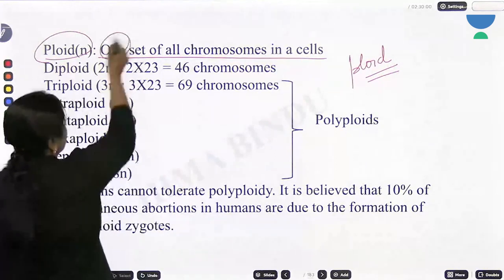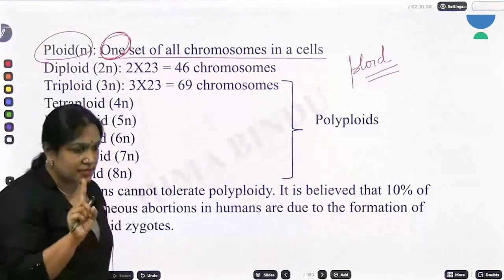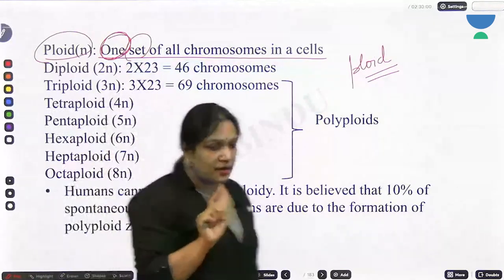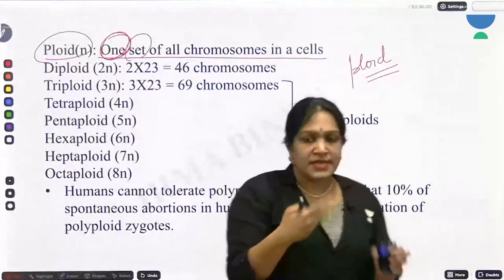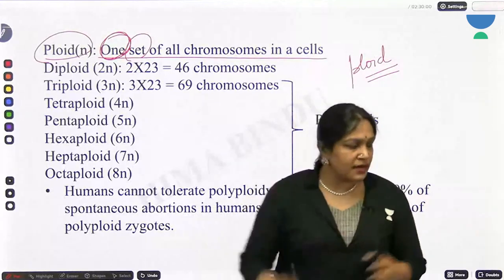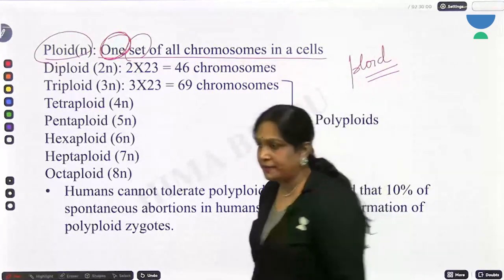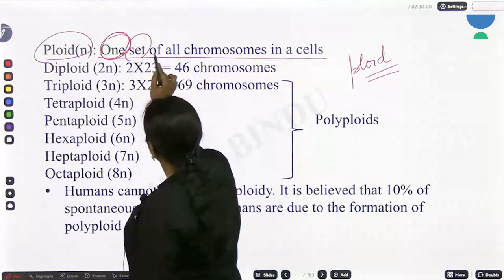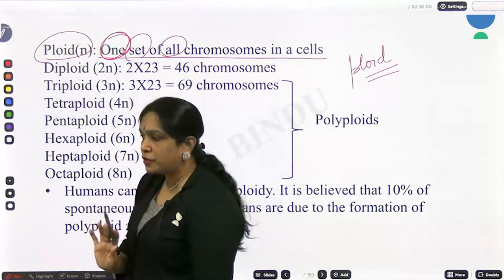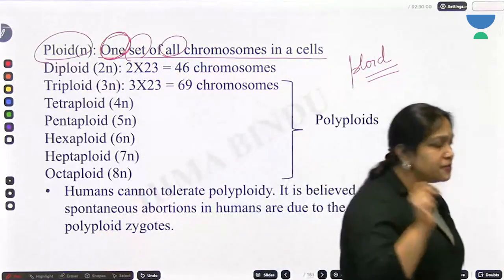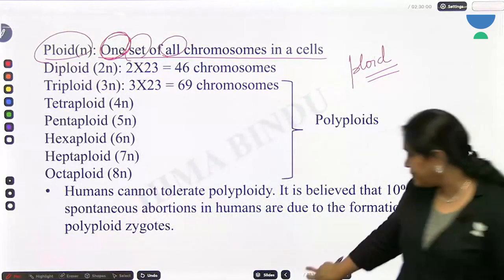I am saying one set, not two sets. And I'm saying set, not pair. Pair means two. Set means one group. Is it clear? A group of chromosomes. So I'm saying set, not pair. One set of all chromosomes, not a few chromosomes. Only one set of all chromosomes in a cell is called ploid.